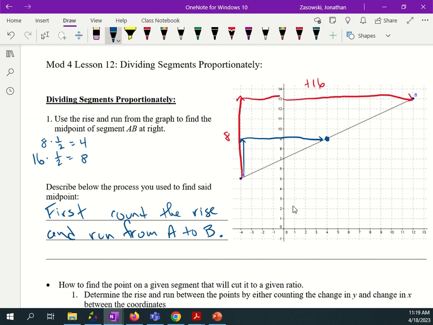Okay, so divide those by 2, or we'd say move half of that amount, right? From where though? Now careful, where's that? From A, right? So move 1/2 of the rise and run from point A.